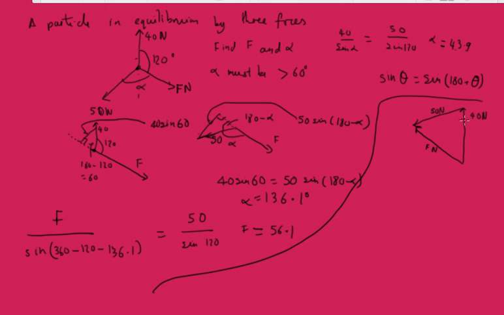Now the tricky thing with this is making sure we understand what angles correspond to what angles on our triangle. So we moved our alpha up to here. If we extend this out, this should still be alpha.